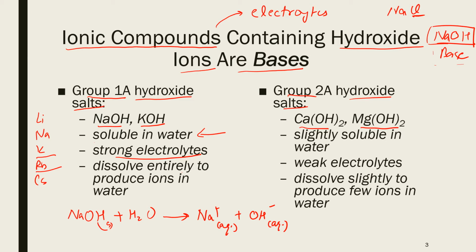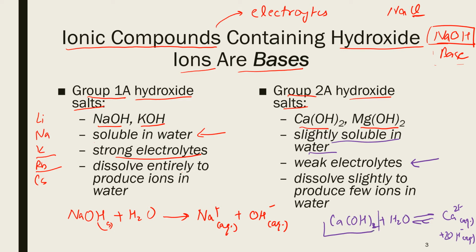On the other hand, group 2A hydroxides are slightly soluble, so partially soluble in water, and they are weak electrolytes and they dissolve slightly to produce few ions. For example, if we take calcium hydroxide, some of it will dissolve, so we will get few calcium ions and few hydroxide ions in the aqueous solution, but the remaining will be solid calcium hydroxide.